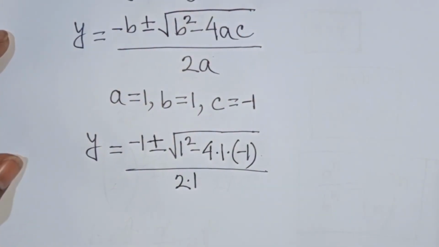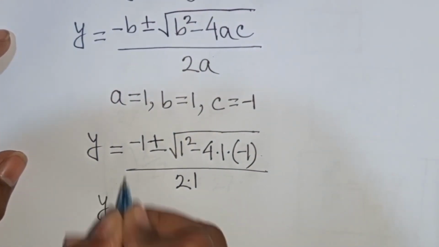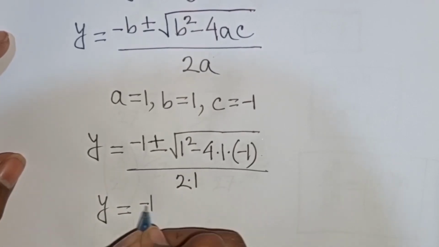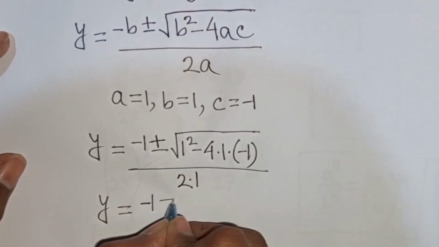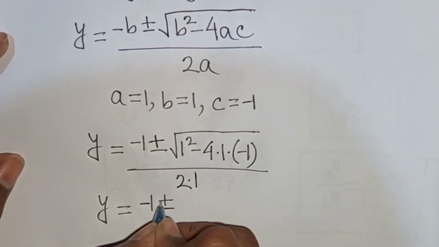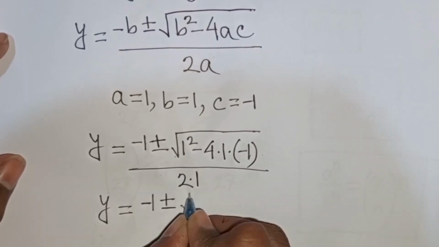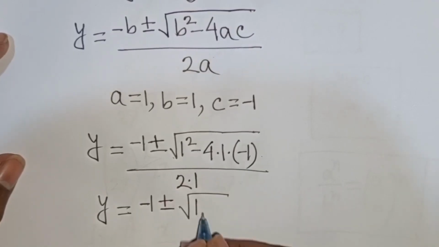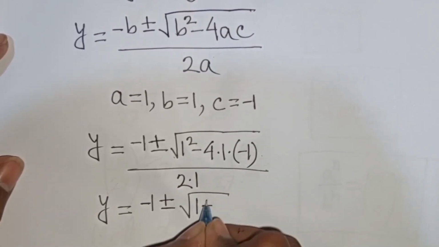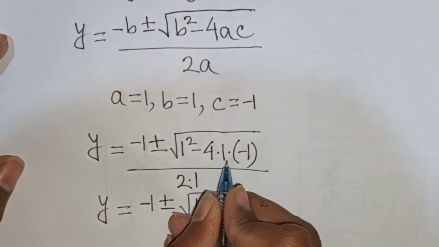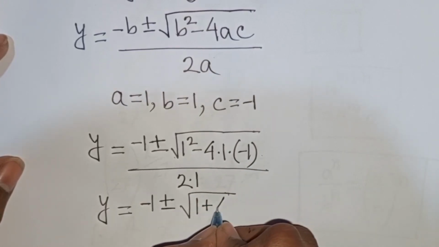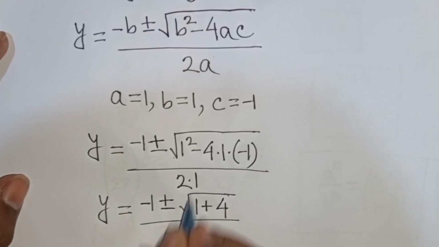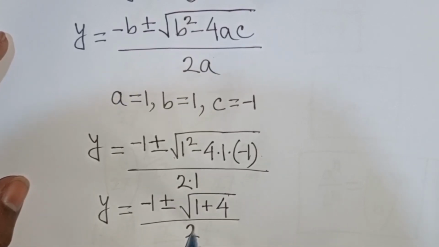Now we can write y is equal to minus 1 plus or minus square root of 1 square, which is 1, then minus times minus is plus, 4 times 1 times 1 is 4, divided by 2 times 1, that means 2.